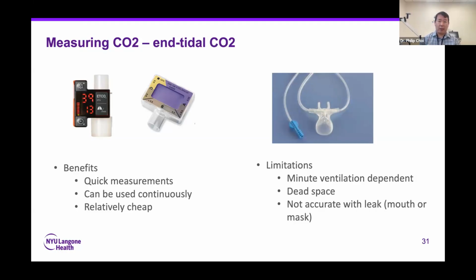And then one of the biggest reasons why we don't use it in our program is that once you start having leak, whether it's through the mouth or if you have someone on non-invasive ventilation, if you have any sort of leak in the system, it's not going to be accurate as well. You can use it in line with an ET tube. So I have had patients as an outpatient who are trached, who are able to use it in line and get a general sense of what their CO2 is. But again, there are benefits, but also limitations.